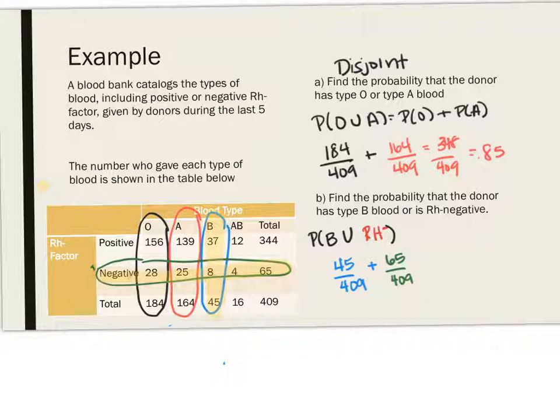We subtract off the 8 people who have that type of blood. And we get 45 plus 65 minus 8 equals 102 out of 409 people, which the decimal for that is approximately 25% of the people have this.